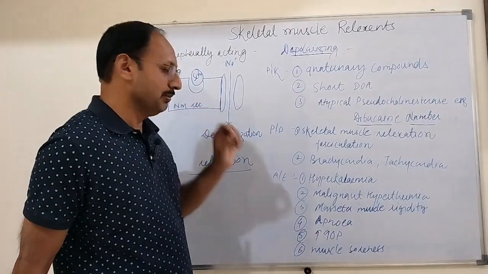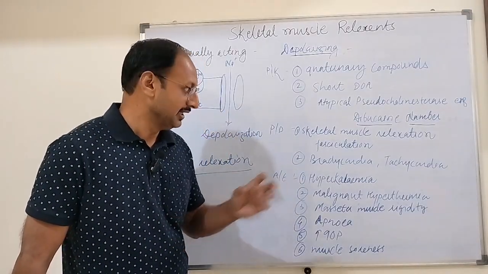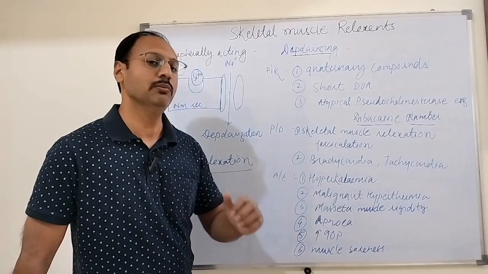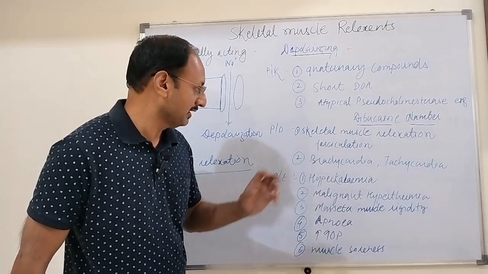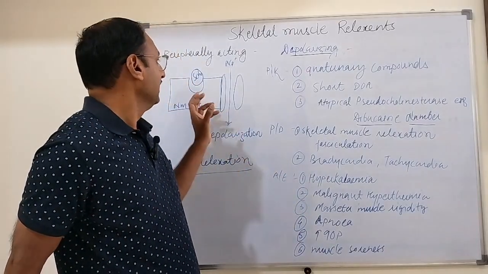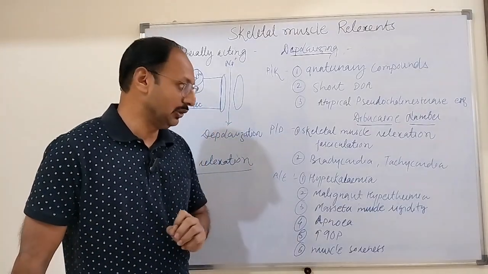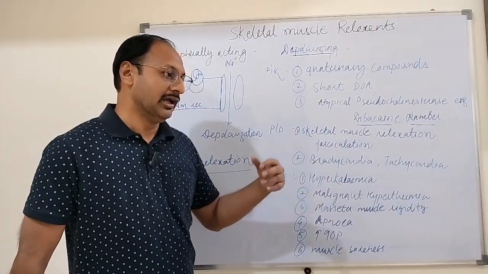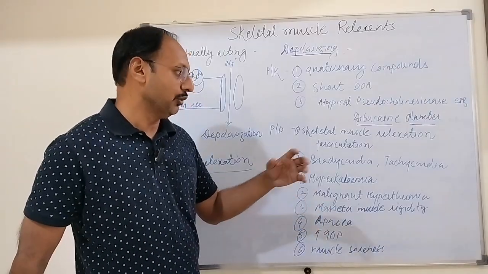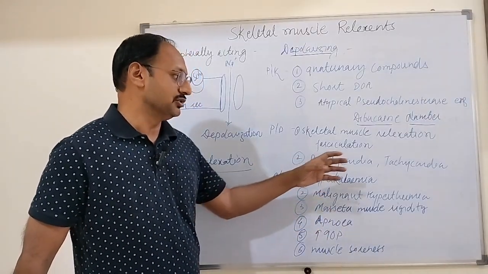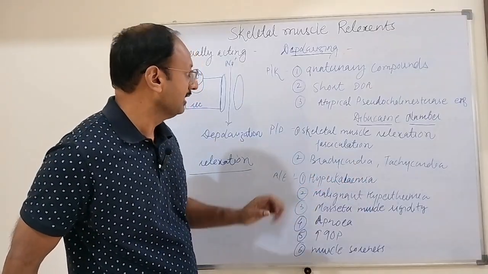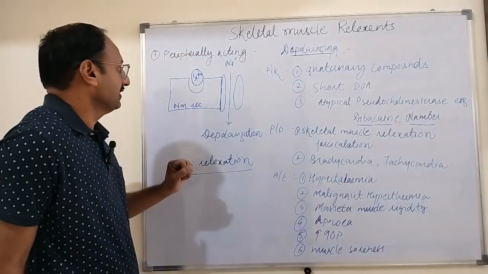Due to repeated stimulation of the muscle motor unit, initially there is fasciculation, which leads to muscle soreness. And number two, initially succinylcholine produces bradycardia, and on high dose or in prolonged treatment, it can precipitate tachycardia.